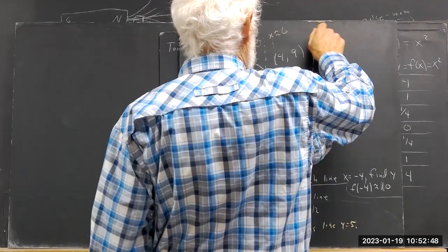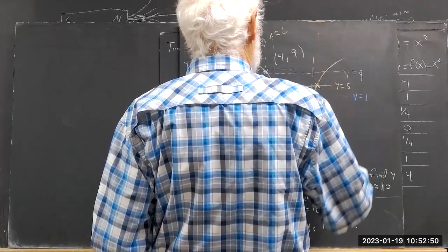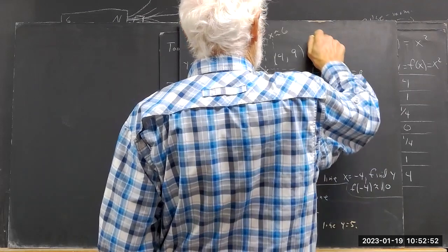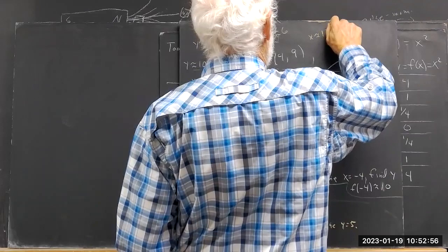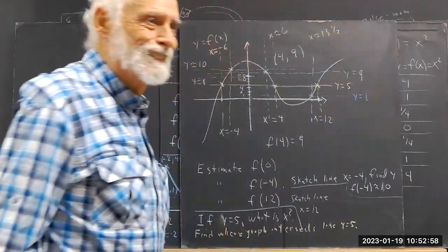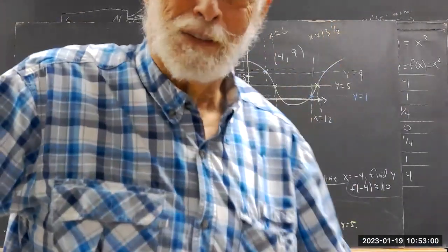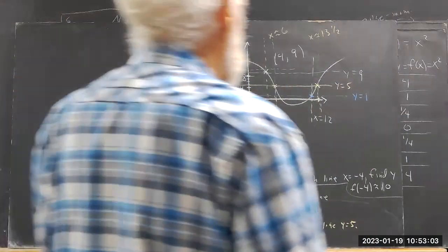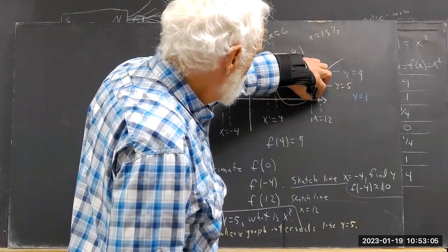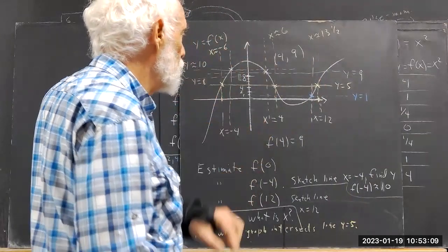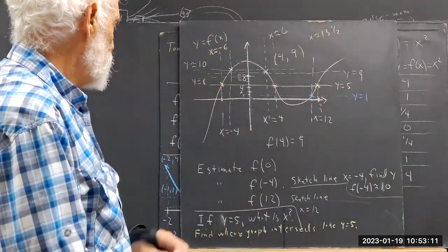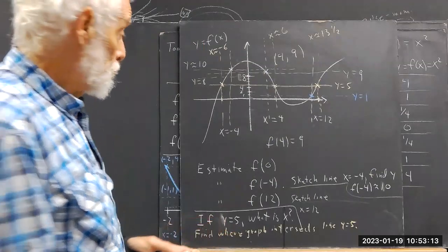And here, well, I'm going to get fancy on you. I'm going to say x is about 13.5. Now that happens. I estimated 13.5 because this thing's a little closer to x equals 12 than this was to be x equals 4 or x equals negative 4. So my conclusion.